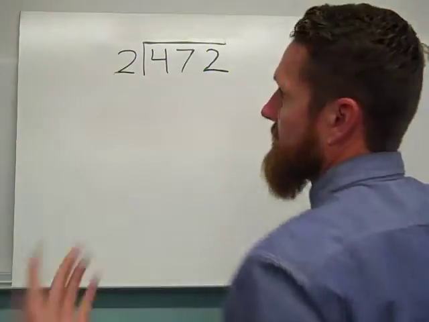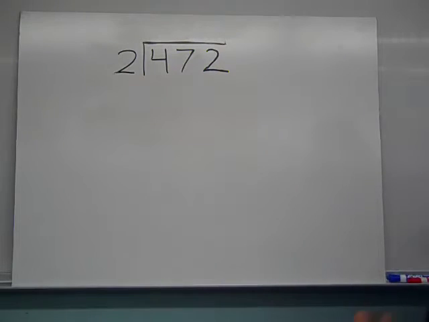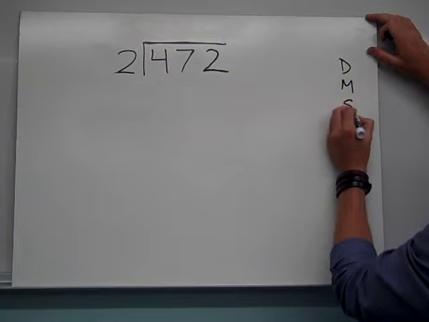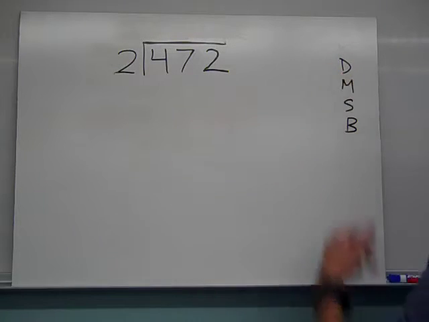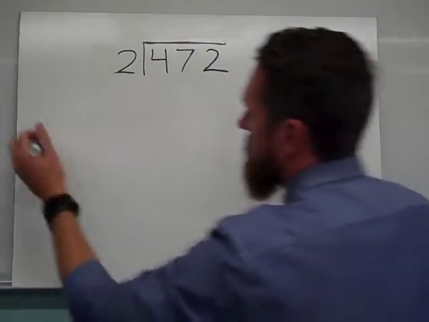So we're going to do just some division and walk through the steps. I'm going to go ahead and use the daddy, mama, sister, brother kind of thing. And this is just repeated over. So here we go. First thing you do is you got 472 divided by 2.